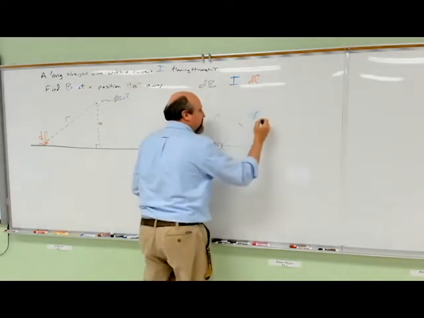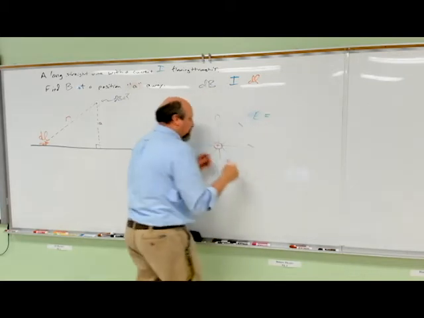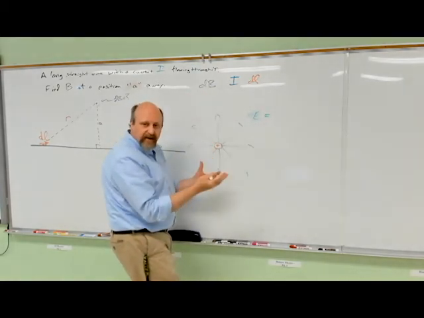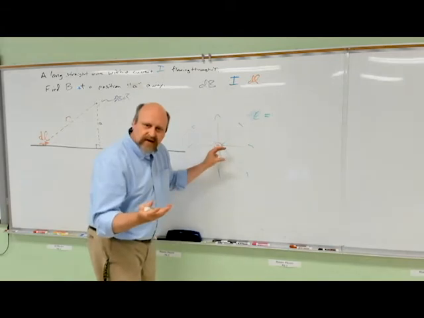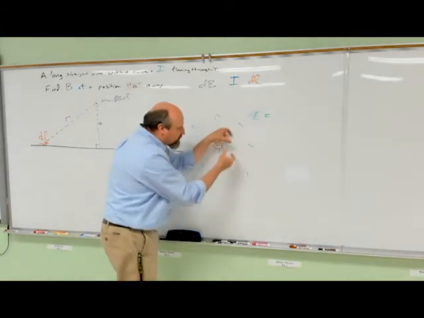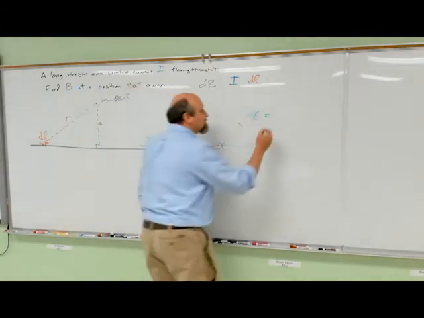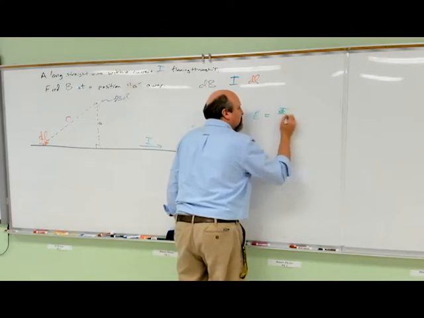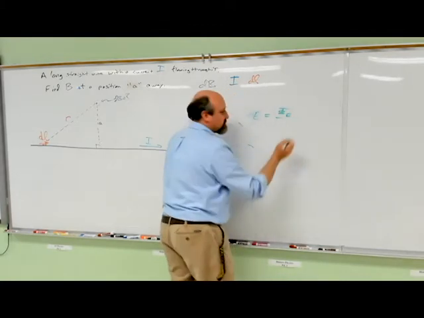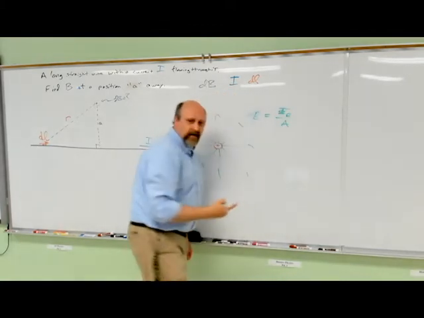We said the electric field strength ends up being equal to the number of field lines per area. In other words, how densely packed the field lines are. The more field lines I have per square meter, the stronger the field. It comes out to be exactly equal to the number of field lines over the area.